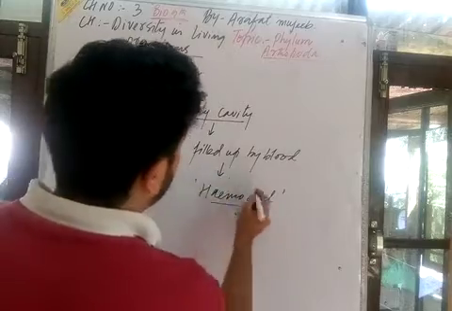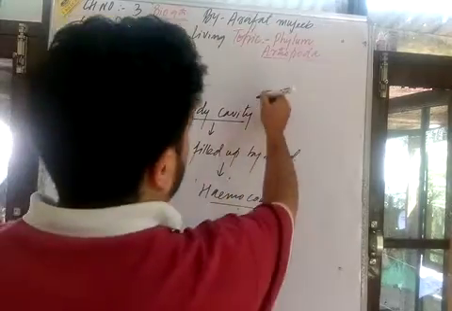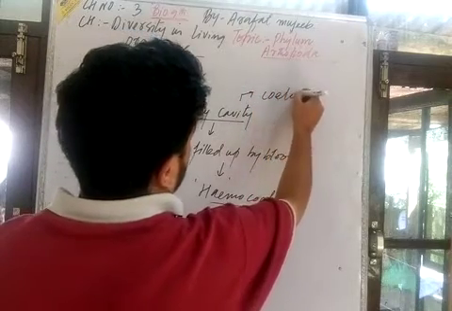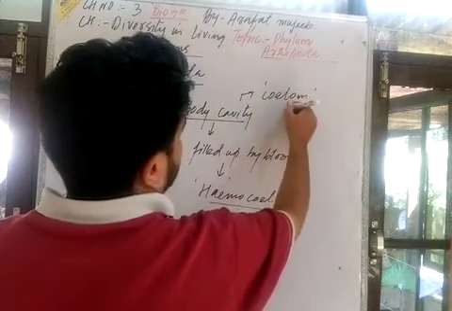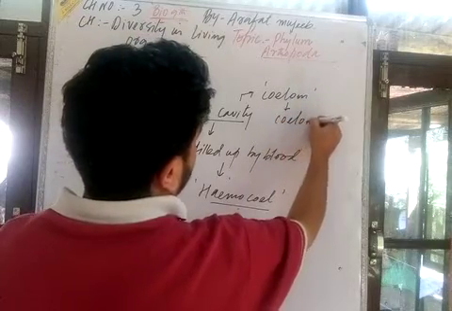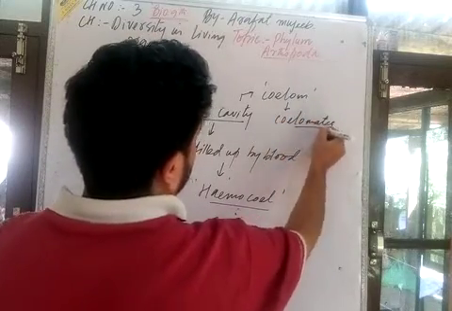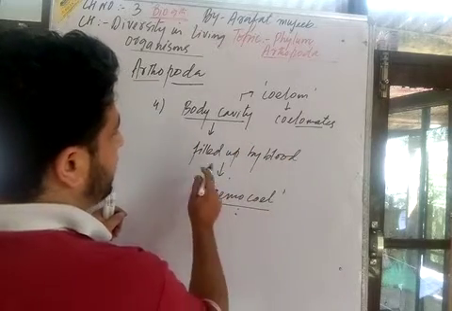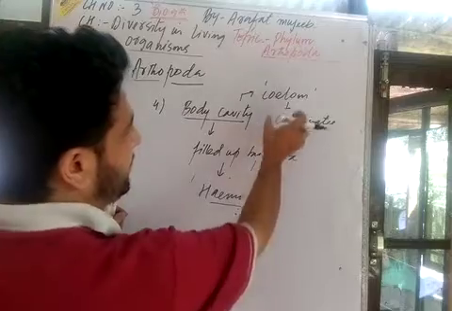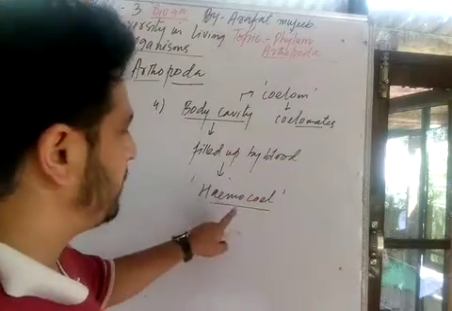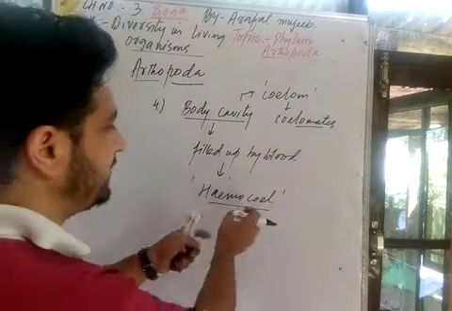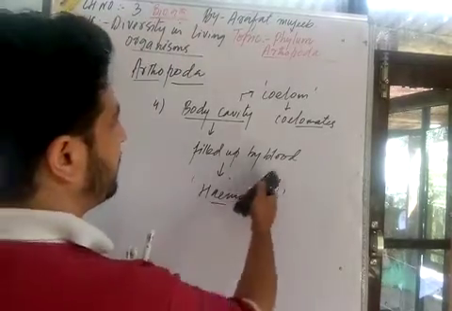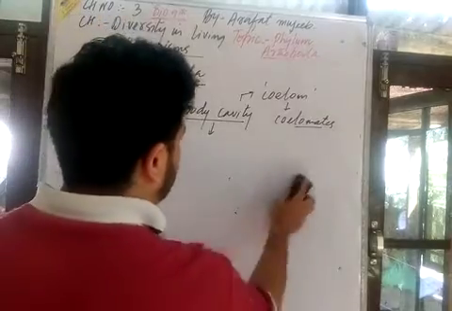That means they have the presence of body cavity which is known as the coelom. They are coelomates, but that coelom is filled up by blood. Then this type of coelom is specifically named as hemocoel. That means this space is filled up by blood.